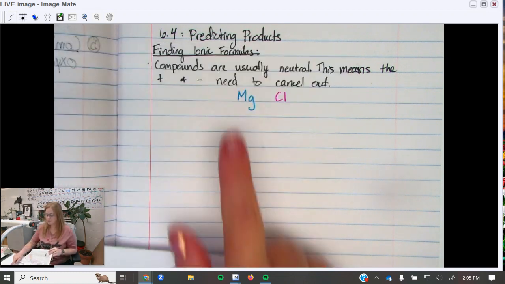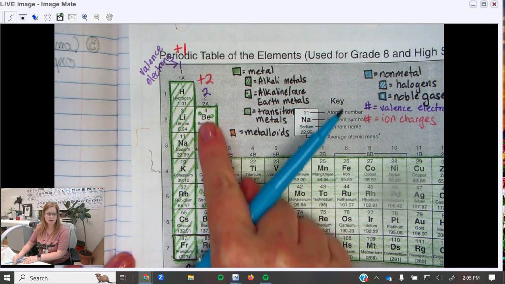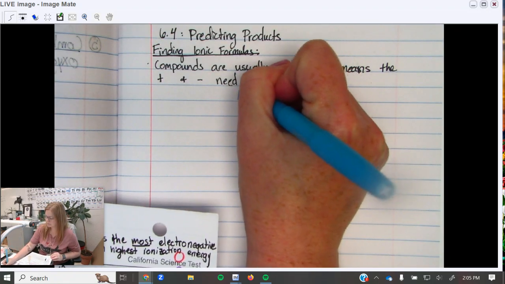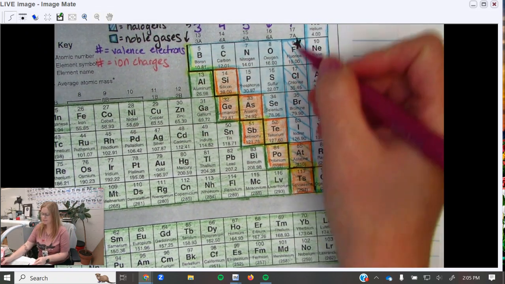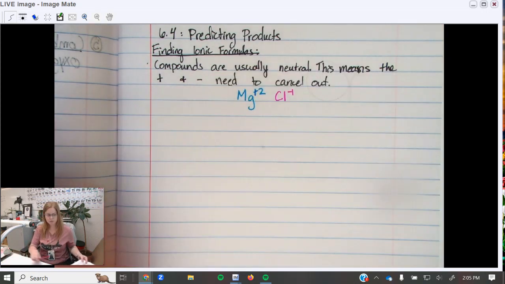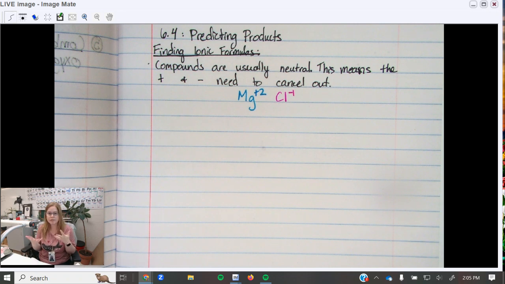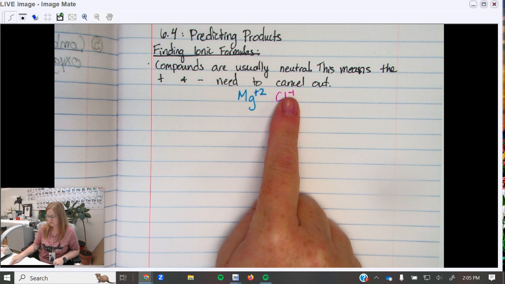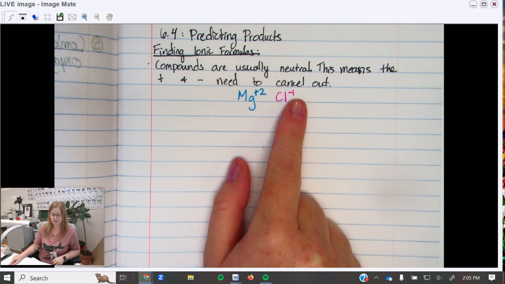So in my problem, I have a magnesium, so Mg. So I see Mg here, it's in column number 2, it's got a +2 charge. And then I have to find chlorine. Chlorine is in column 7A, it's got a -1 charge. Okay, beautiful, lovely. Now we need to figure out how we could get their charges to cancel. So there's 2 positives and 1 negative, which means I'm going to need 2 chlorines so that I can have 2 negatives.